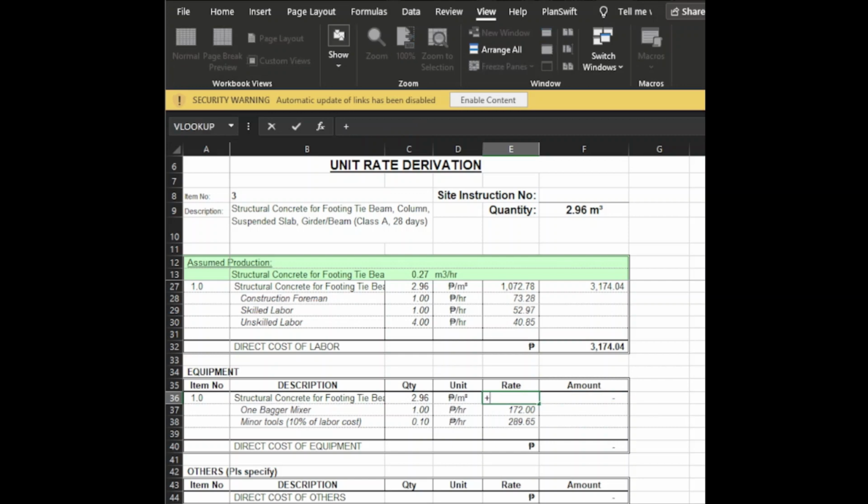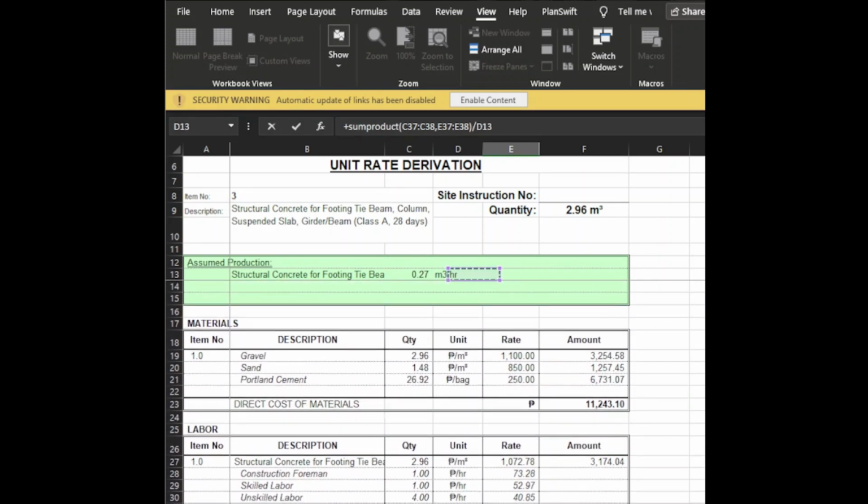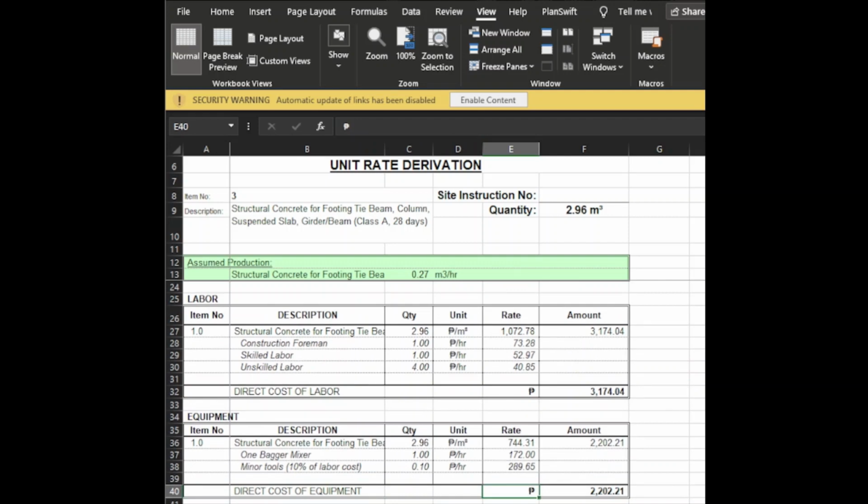So for now we will compute the sum product of our quantity times the rate, and we will divide it again by our assumed production, so that we can get the per cubic meter of our equipment. So we have 744.31 per hour per cubic meter.